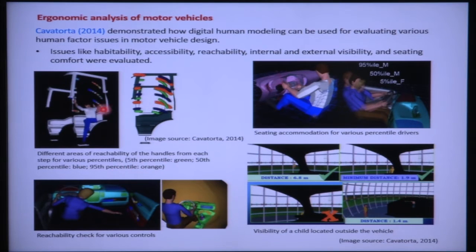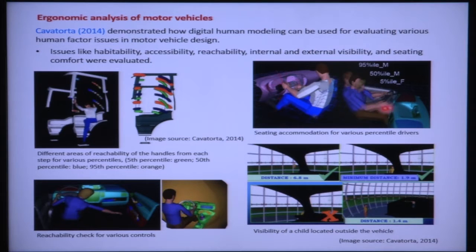Step by step, while the driver is going in, where is their hand reach position? With color coding they demonstrated the reach for the 5th, 50th and 95th percentile driver. Based on this analysis, it would be easy to position the grab handle.